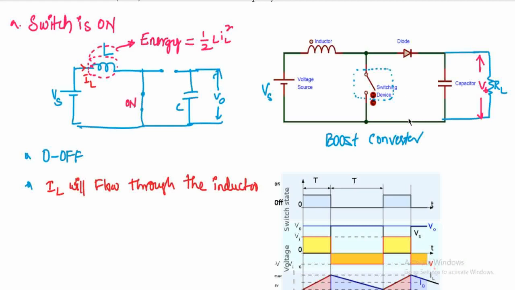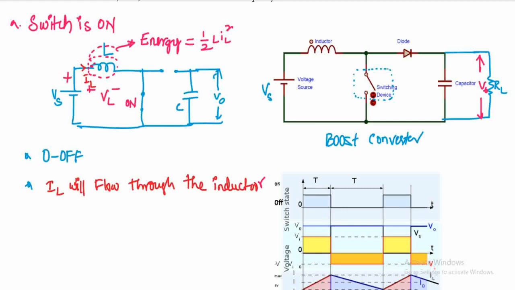Now let us write down the expression for voltages. This will be the polarity for the voltage across the inductor, and these are the polarities for Vs. I am writing KVL in the first loop. The energy is being stored in the inductor, so the polarity of the inductor will be plus and minus VL.